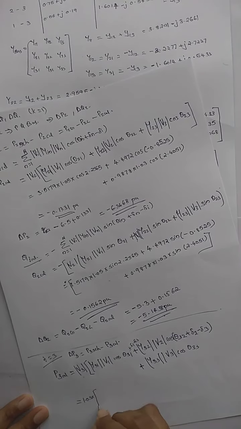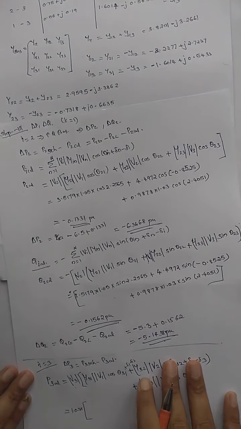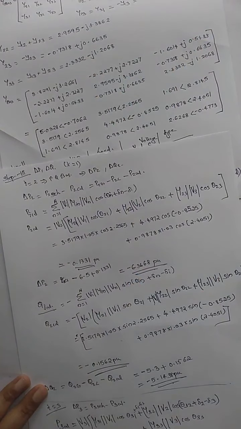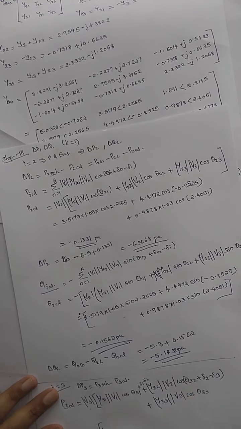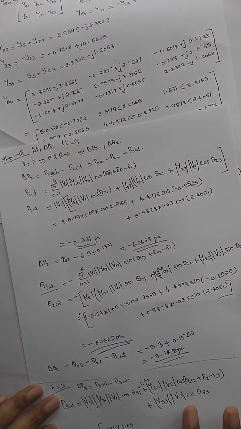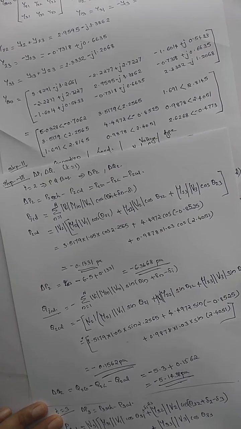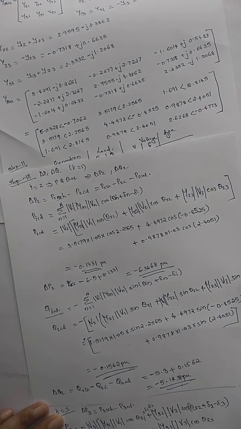So I am writing it as 1.03 into Y31 value. Y31 value is 1.691 into V1, which is 1.05, isn't it? V1 value is 1.05 into cos of the angle, that is 2.8145, plus Y32, which is 0.9878, into V2 value, which is 1, into cos theta 32, which is 2.4051, plus Y33.